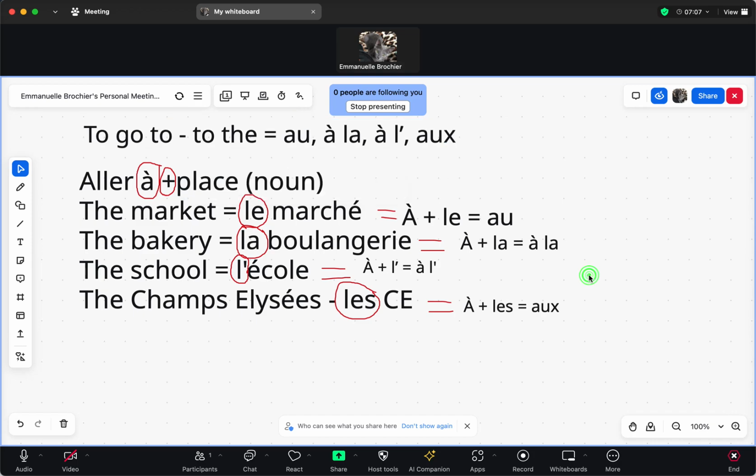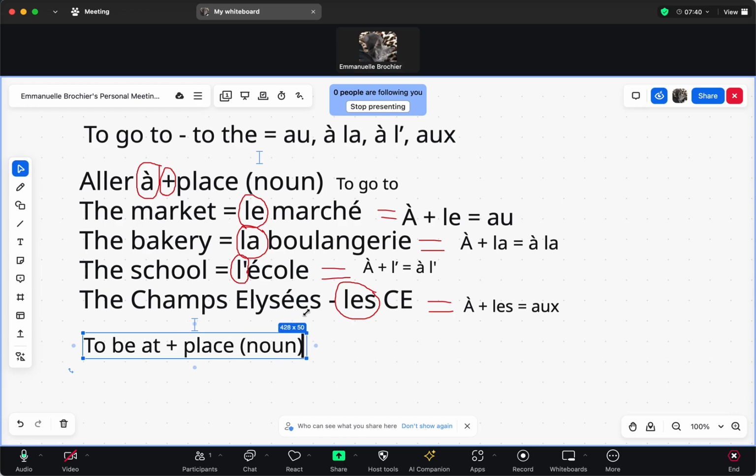Now, if I want to use the verb être, to be, so here we know it's to go to. But if I want to say to be at, so être à, plus a place, which is a noun again.